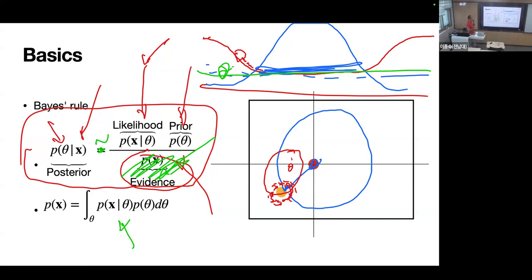So we somehow would like to solve it. And in order to solve this integral, we need somehow to sample from this distribution. And we don't know it, but we have to take samples of it.